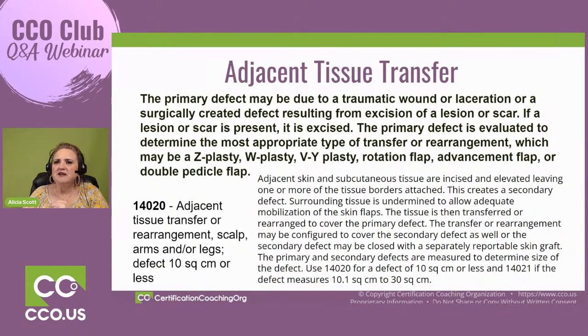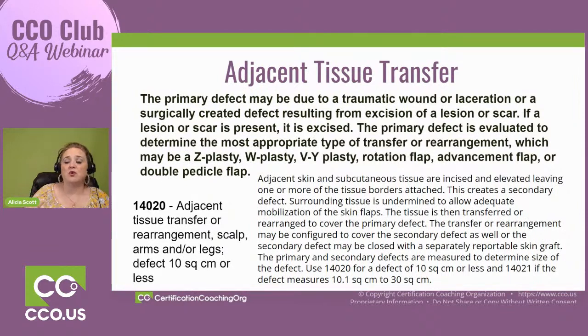Let's see, go on, and it states, now look here, secondary defects may be closed with a separately reportable skin graft. May, that's a key term. If it's not built into the code or bundled in. And then it says the primary and secondary defects are measured to determine size of defect. So you put those together.